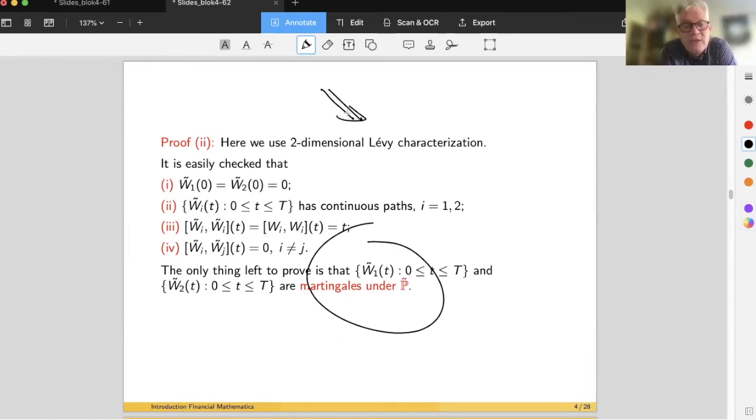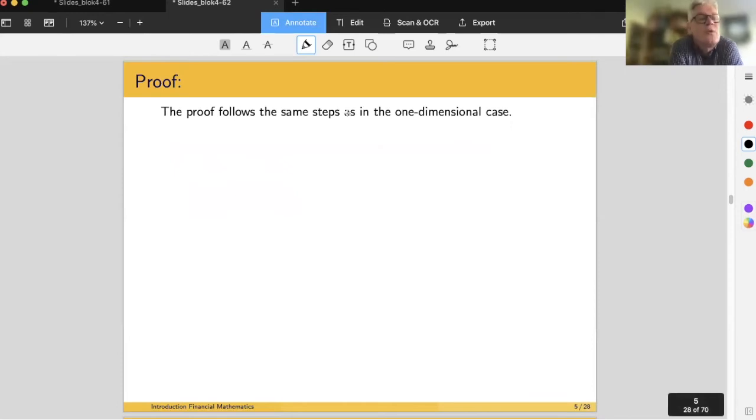Now, how did we do that? Well, remember, we looked at W tilde times Z. The proof essentially follows the same steps as in the one-dimensional case. So how did we do that in the one-dimensional case? Maybe you recall.